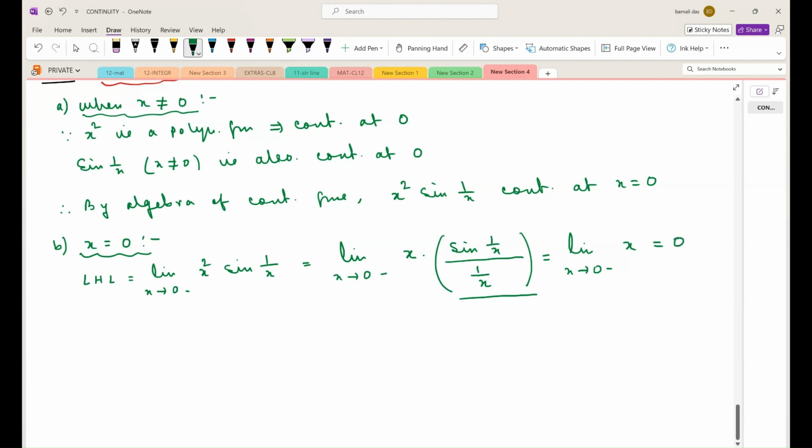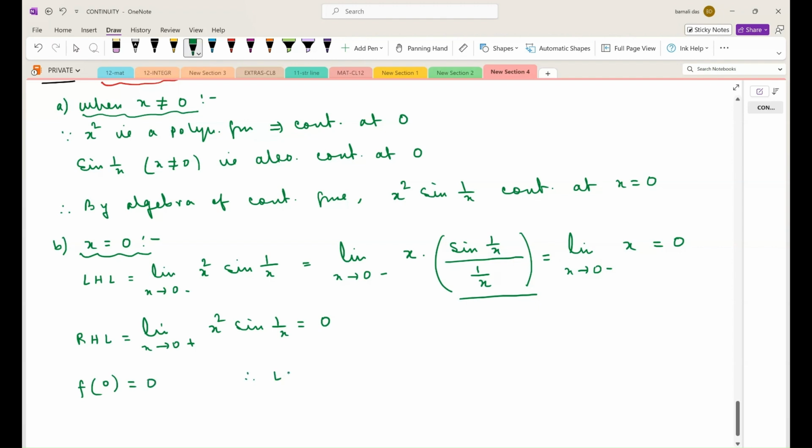The same treatment for RHL, so I'm not explaining this again, exactly the same thing. Limit x tends to 0 plus, here also by the same manipulation, the answer will be 0. And the functional value at 0 is already given to be 0.